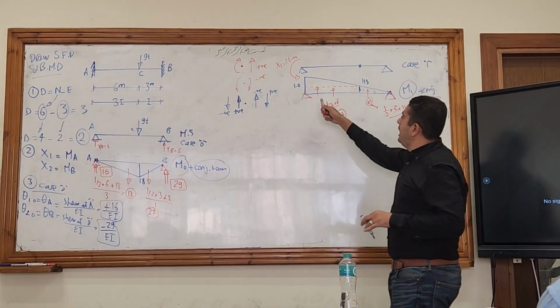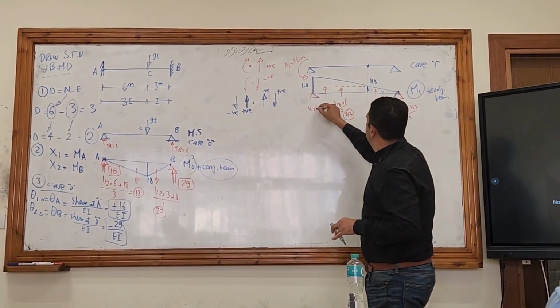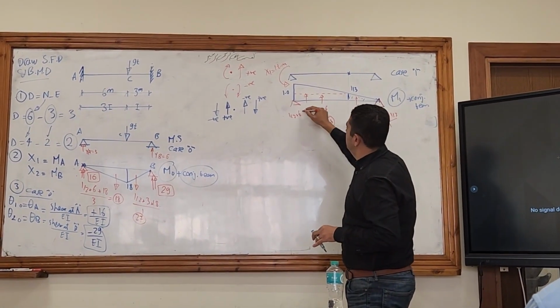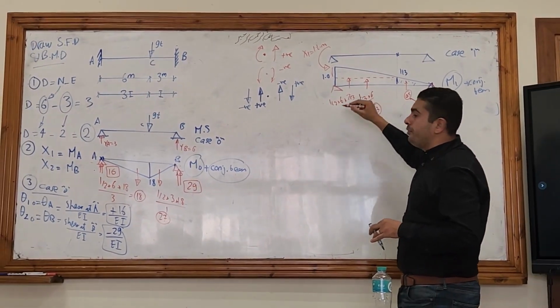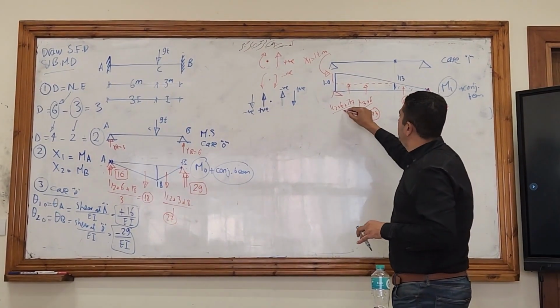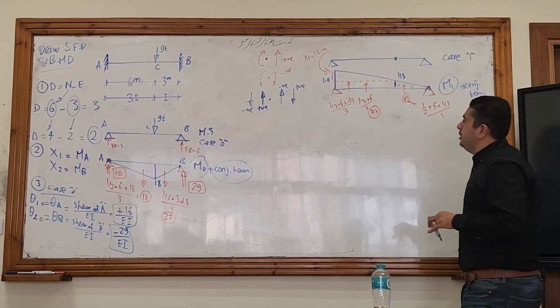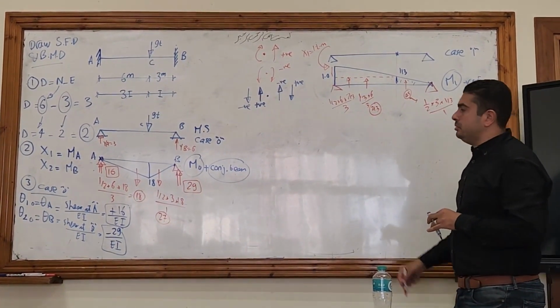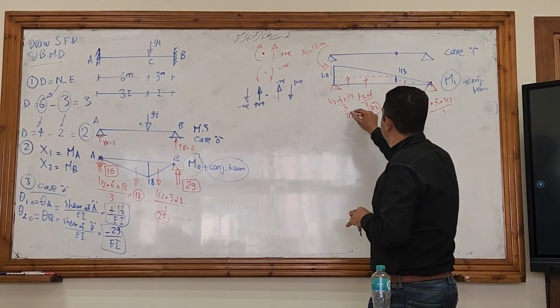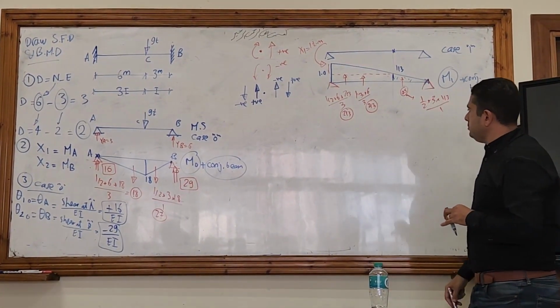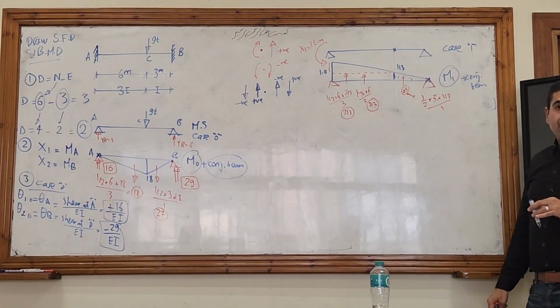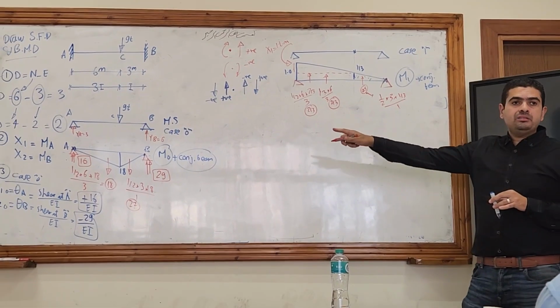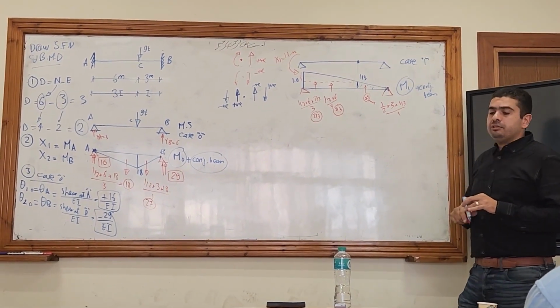The triangle, half the base is 6. The height is the difference between 1 and 1/3, which is 2/3, divided by inertia factor, which is 3. 2/3. Now I have to calculate the reaction, same as I did in case no. How can I calculate the reaction?